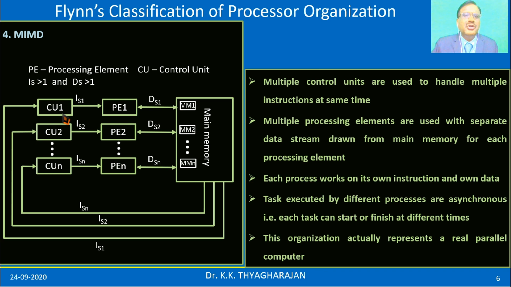So each control unit is controlling its own processing element, and the data is streamed for each processing unit. So each process works on its own instruction and own data.